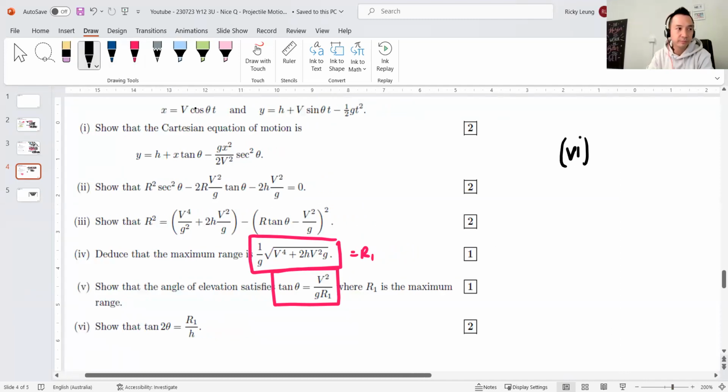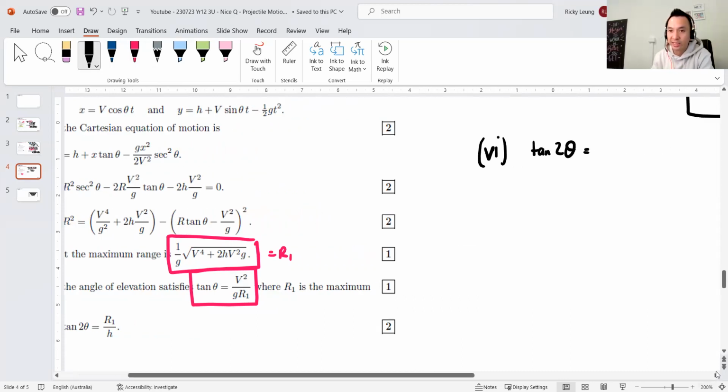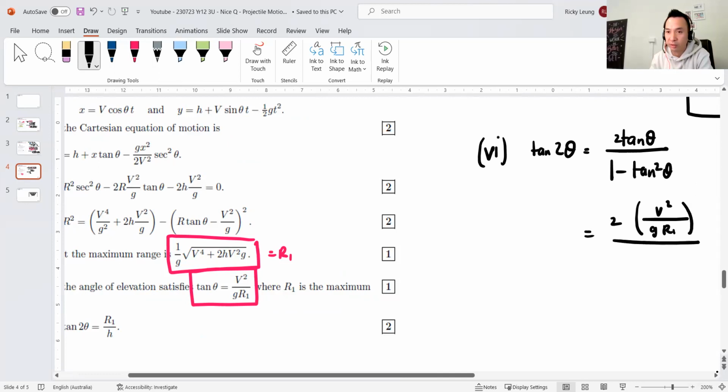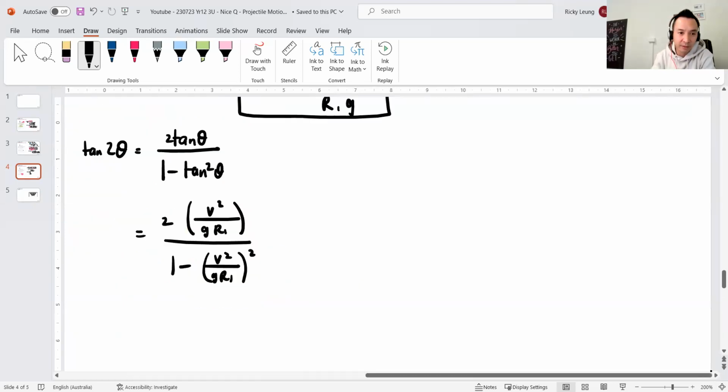So let's see, tan 2 theta. We know the double angle for tan is 2 tan over 1 minus tan squared. So 2 tan would be 2 of these, g R1 over 1 minus v squared over g R1 squared. Oh man, that looks so ugly. So let's see.